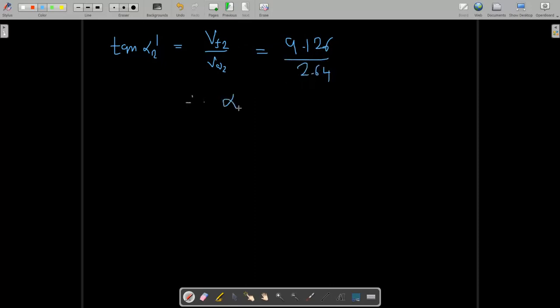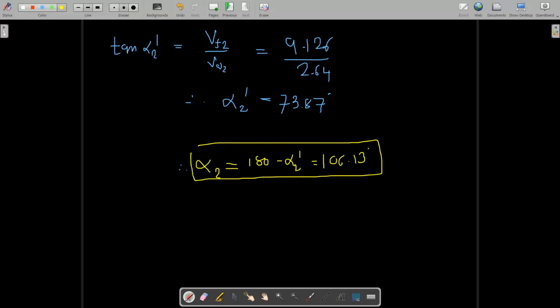When you solve this, you will get the complementary angle as 73.87 degrees. Now our actual value of the outlet angle alpha 2 is 180 minus alpha 2 dash, because alpha 2 dash is the complementary angle but our actual angle is alpha 2. So put this value and you will get 106.13 degrees. So this is the answer.